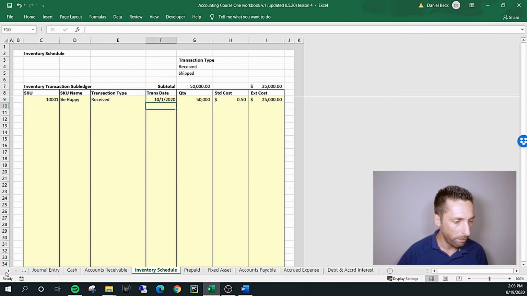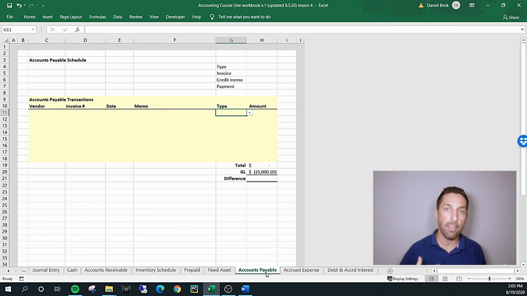And now let's fill out the other side of this entry, which is our accounts payable. We need to track this invoice because we haven't paid for it yet. So we need to make sure that we are tracking it in our inventory system so that we can later pay it when it's due. And so we maintain a good relationship with the vendor. If you pay it after it's due, you're going to hurt your relationship with your vendor.